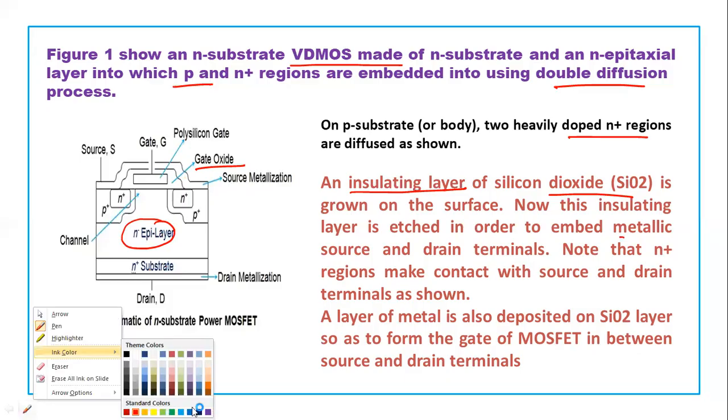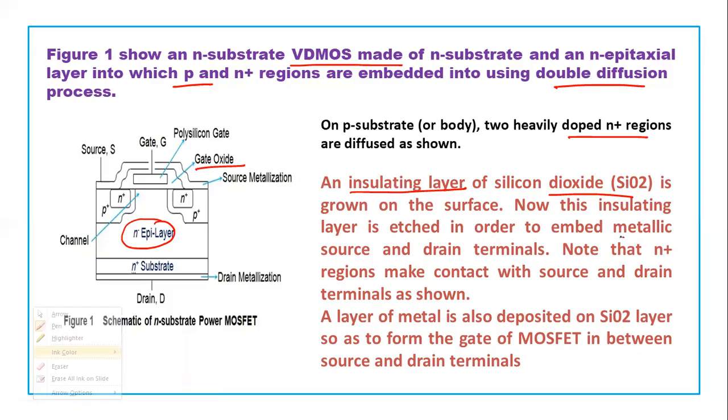There will be metallic source and drain terminals. Note that the N plus regions make contact with the source and drain terminals as shown in the figure. I hope it's clear. This SiO2 will be metallized so that we can have the source as well as the drain, and they will be contacting the N plus layers.